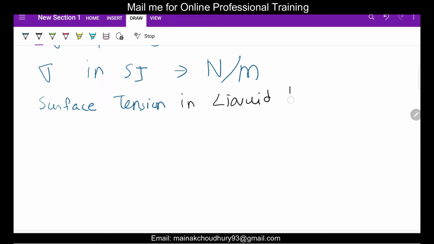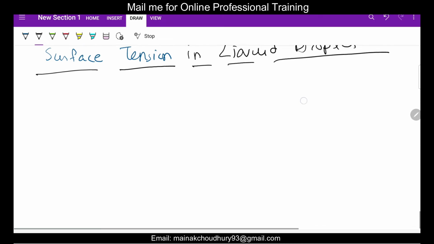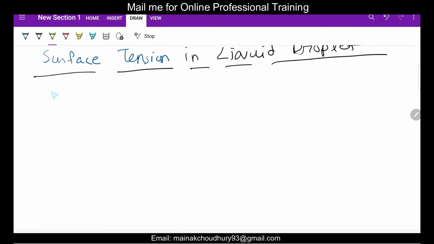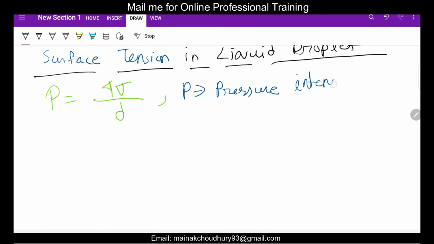If the question comes on a liquid droplet, which formula do you need to apply? You need to apply P equals 4 sigma by D. What are P and D here? P is the pressure intensity inside the droplet.